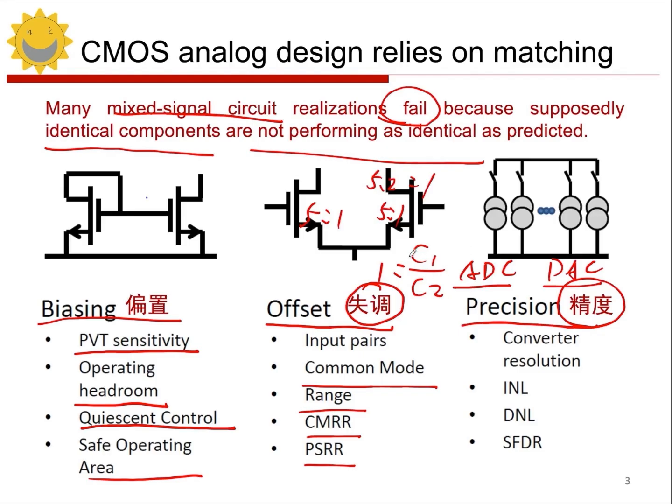When we design, we expect these two capacitors to be the same, but in reality, after processing, there will be some deviations between them. These deviations can lead to a decrease in the accuracy of our ADC or DAC. This decline can further affect the linearity of the ADC, such as INL and DNL, and other factors like effective gain, all of which can be impacted by the mismatch of passive components.